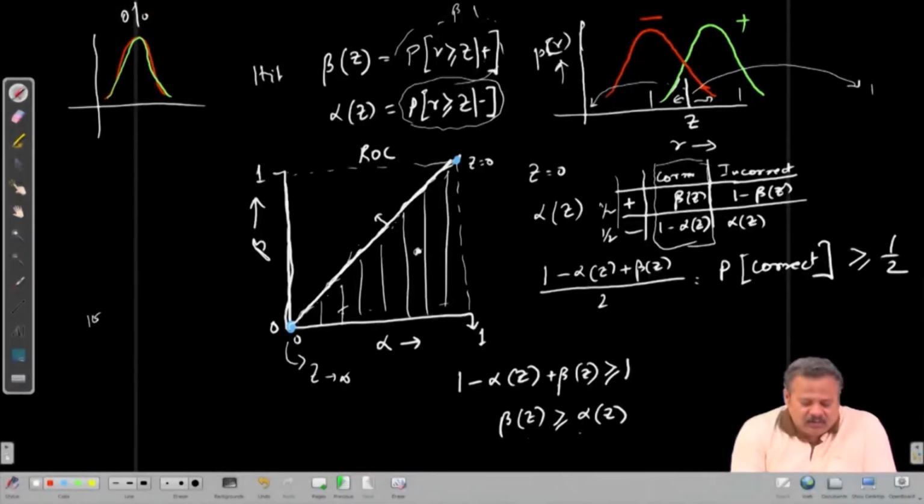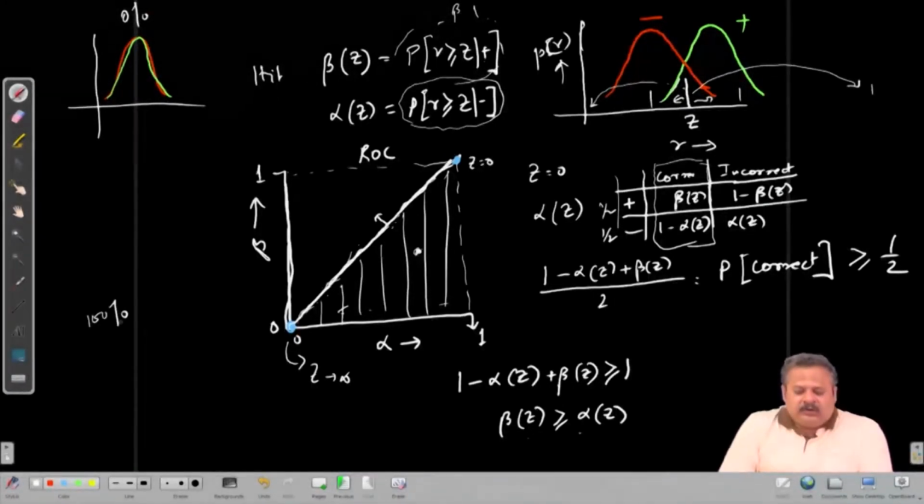Now, if we consider the 100% coherence case, how should the ROC curve be? We must start off with z infinity here and z 0 here, no matter what the coherence.